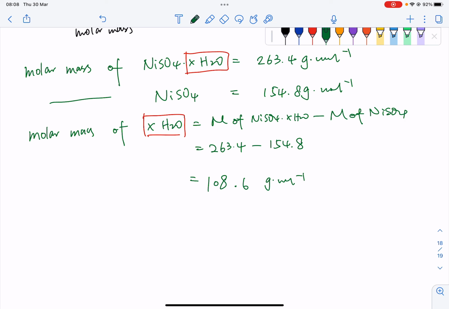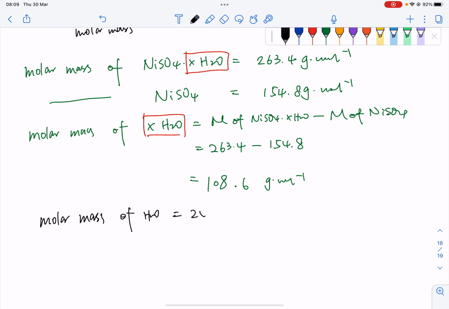Alright, we have the molar mass for xH2O, and the question asks about the integer x. So we use this number and divide it by the molar mass of simple water.